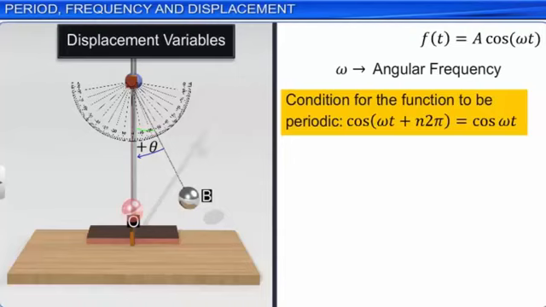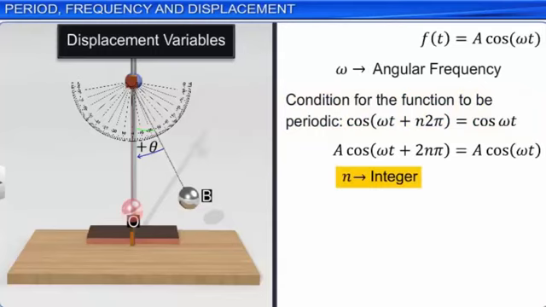Thus, a cos(ωt + 2nπ) must be equal to a cos ωt, where n is any integer. In other words, the function is periodic with the time period T when f(t + T) = f(t), where the time period T is equal to 2π/ω.